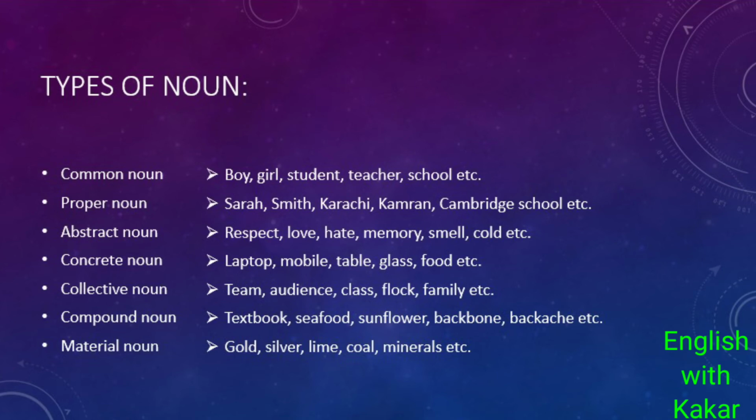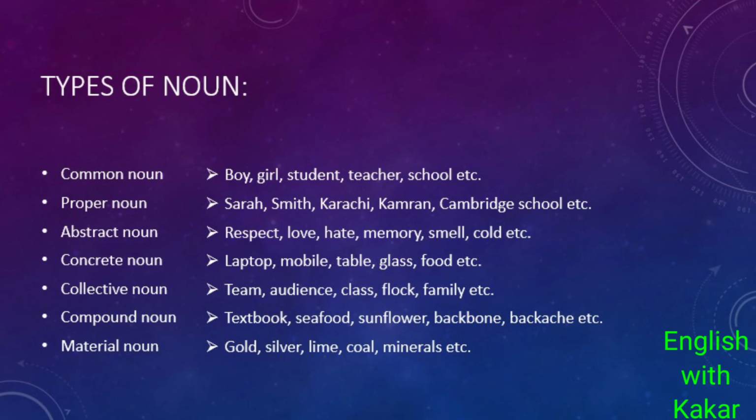and when they are combined together and they create a new concept, that new concept or thing is known as a compound noun. So for instance, text is a separate noun and book is a separate concept. When we combine them together, it gives us a third noun, a third concept: textbook.